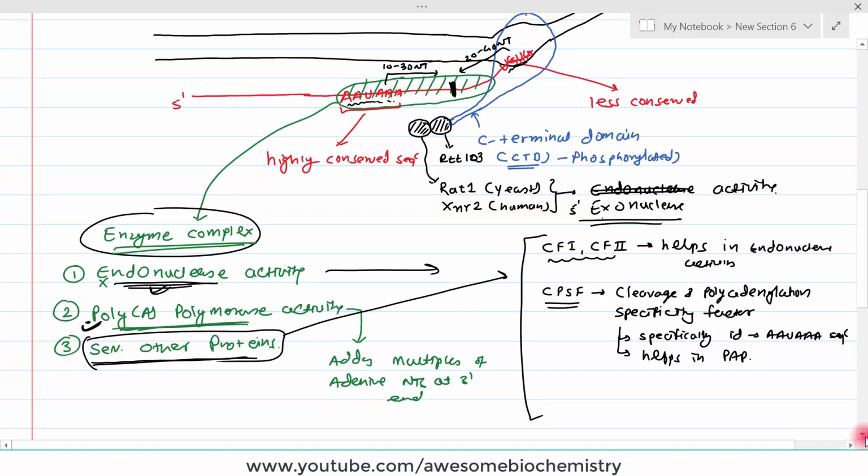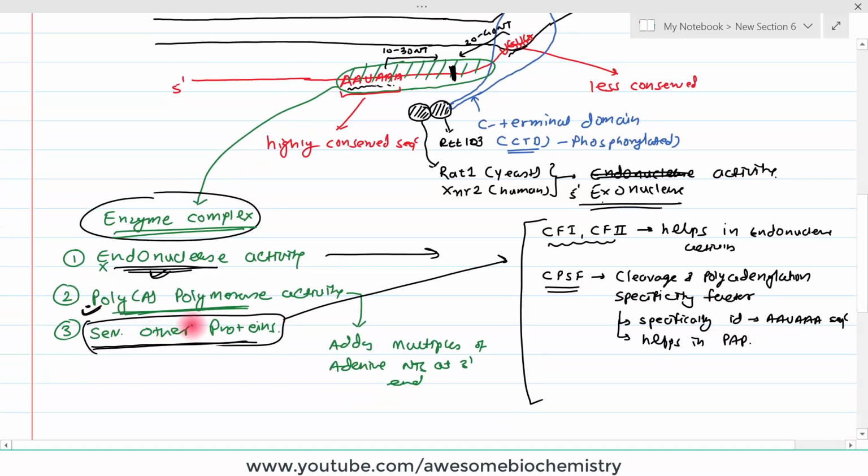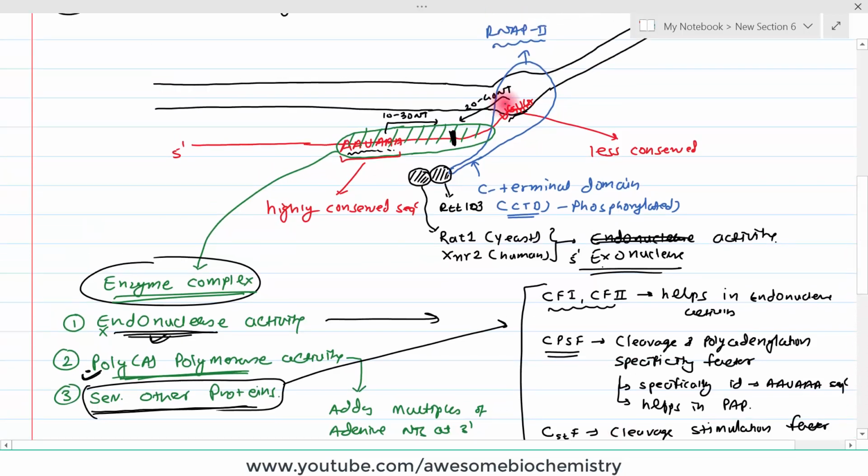The third group of important proteins is cleavage stimulation factor, or its short form is CSTF. Its full form is cleavage stimulation factor. And this cleavage stimulation factor recognizes the second consensus sequence, that is the UG rich sequence.